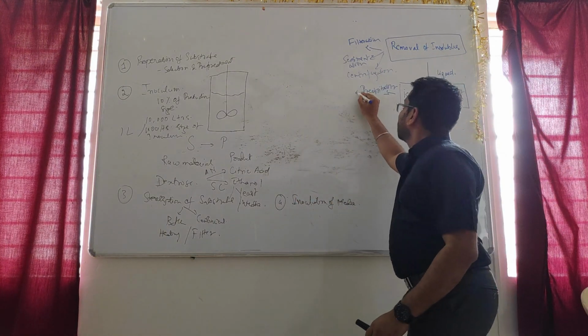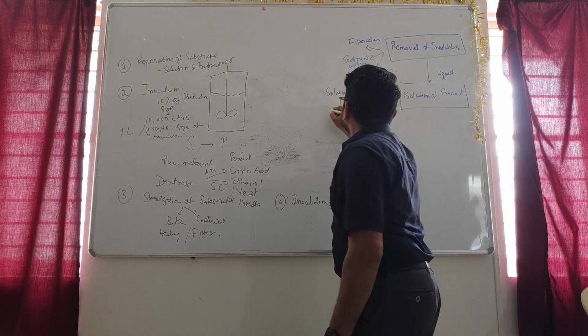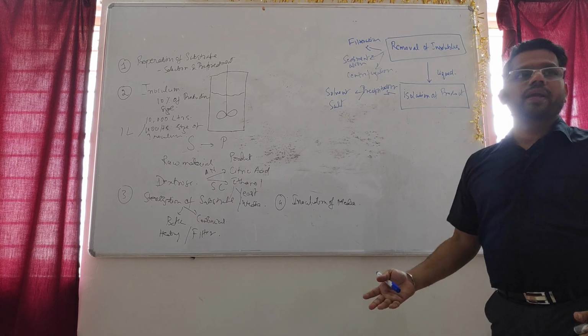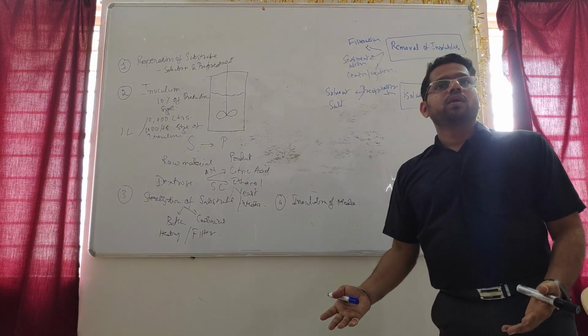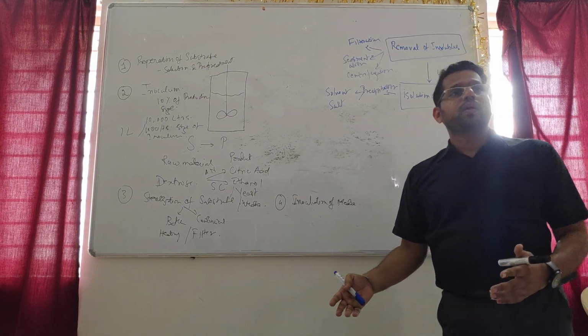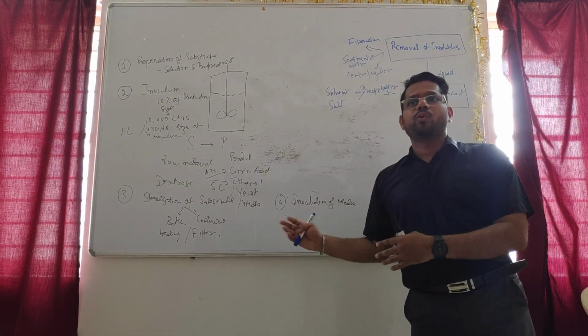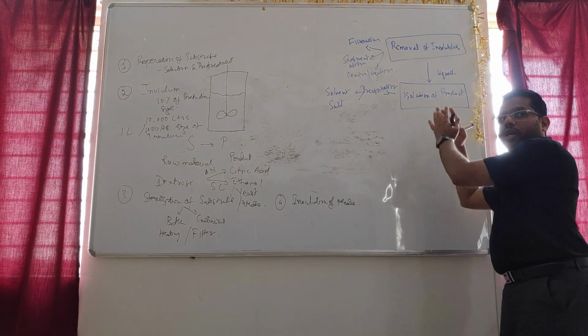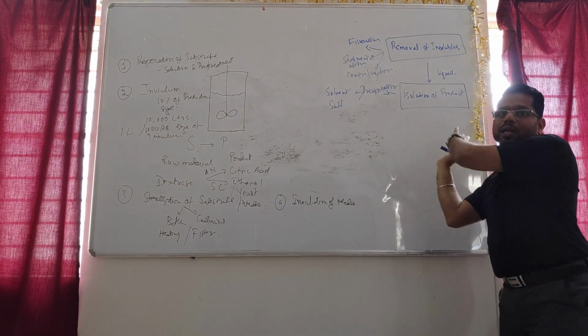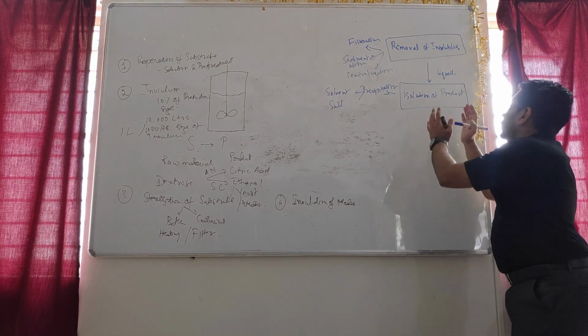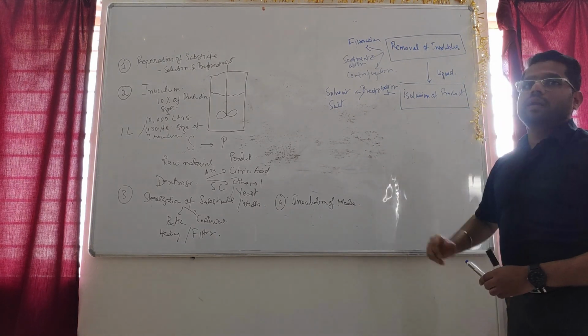So there are two methods: solvent precipitation and salt precipitation. Salts like ammonium sulfates, potassium sulfates, salts of sulfates, phosphates and nitrates can be used to precipitate the protein. You can recover the protein component and you can eliminate the other non-protein components.